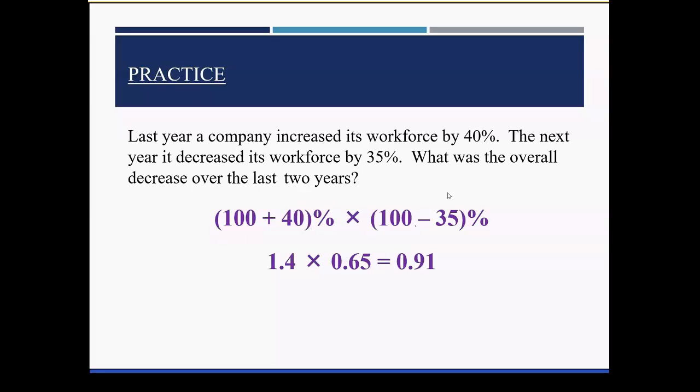If you are not sure what it's coming from, 100 plus 40 is 140, then I moved my decimal over. 100 minus 35 is 65, and then I moved my decimal over. That's where those came from. Then I multiplied that together and subtracted 1, which means that overall, since this is negative, it was an overall decrease of 9% of the workforce.